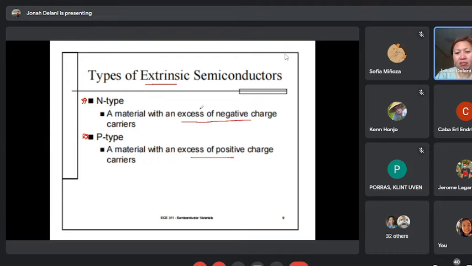If there is more negative charge, then we call the extrinsic semiconductor an N-type material. If it has an excess of positive charge carriers, then we call our extrinsic semiconductor a P-type material. It is easy to remember, right?